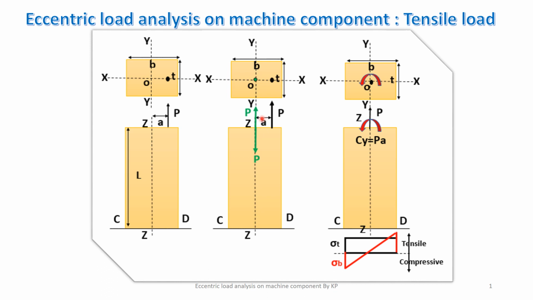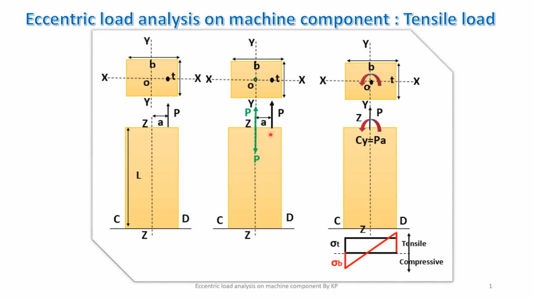Now if we see this force, with this upward force which is tensile in nature, and this downward force P, which produces a compression, they will form a couple on this member, and the couple value is P into the distance between the forces, and this produces an anti-clockwise couple.